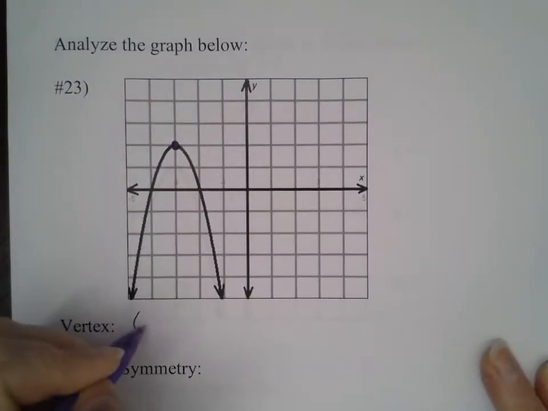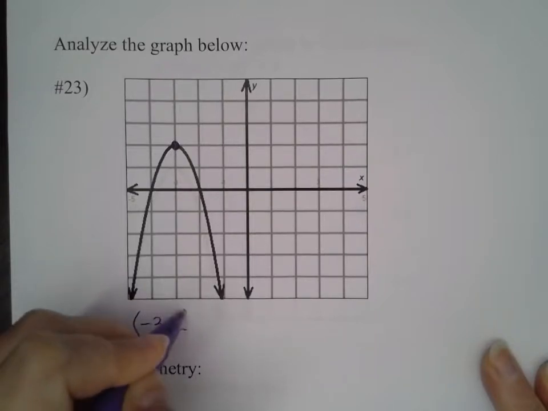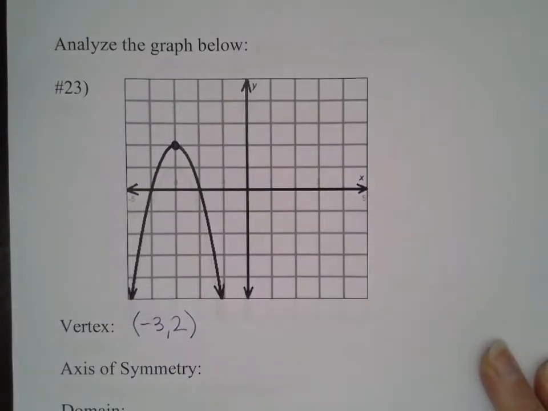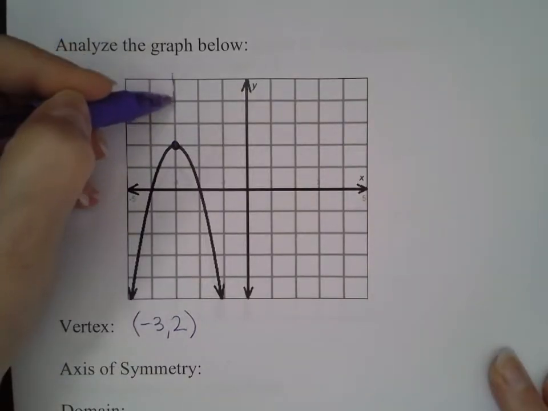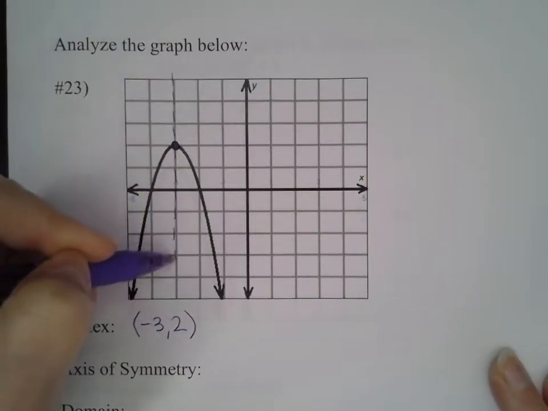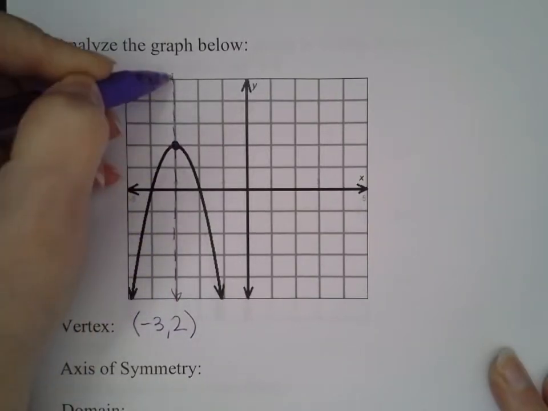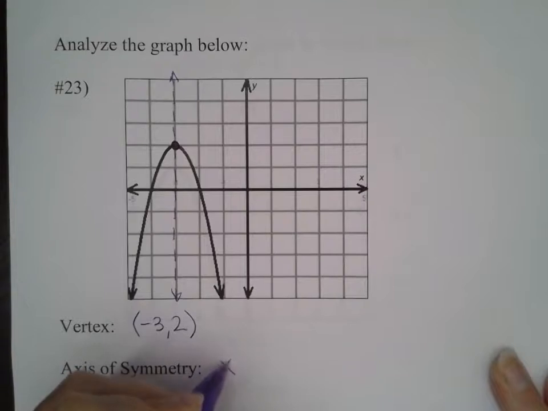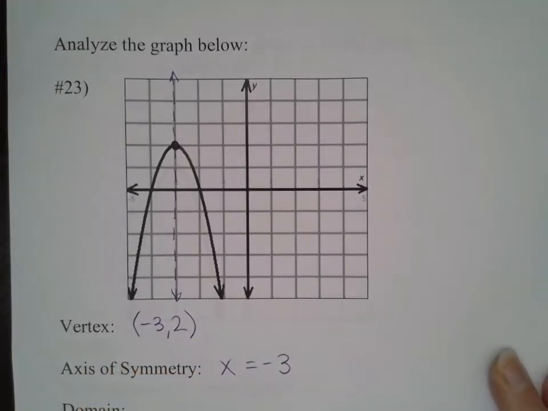So that would be the point -3, 2. And the axis of symmetry that divides the parabola in half would be right down the center. There's a vertical line, x equals -3.